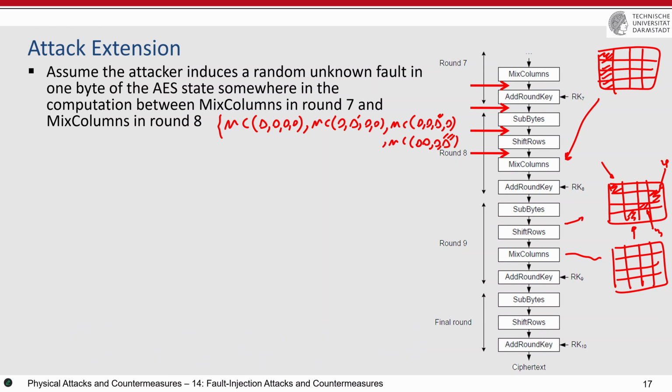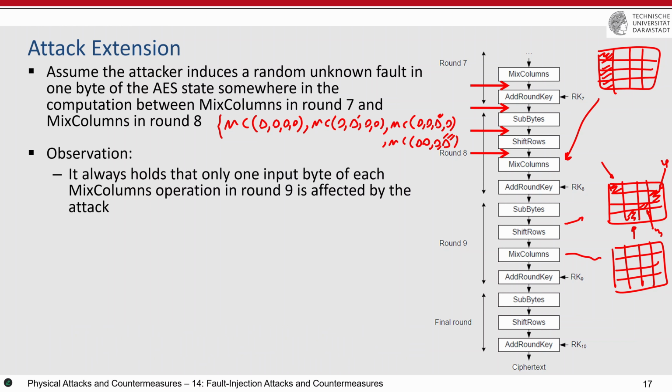Then 255 plus 255 plus 255 plus 255 means that this becomes larger. The set that you had, just 255 cases, is now 4 times 255, and usually you need a bit more pairs of ciphertext and faulty ciphertext. If you make this model more general, then you need more pairs. If you make this model super specific, then with even 1 or 2 pairs, you are able to recover the key.